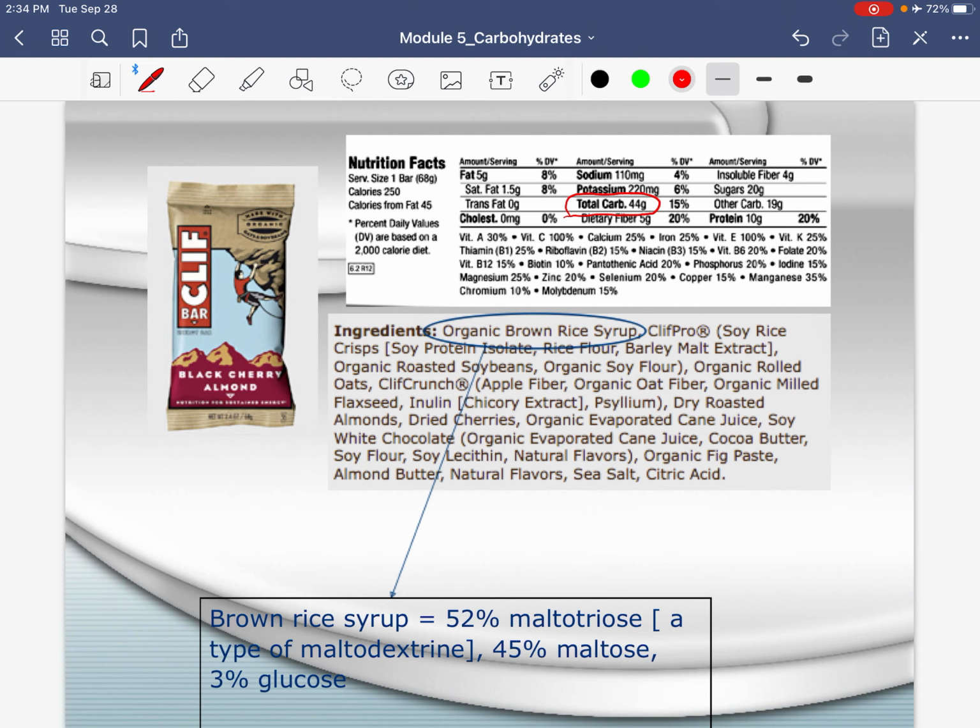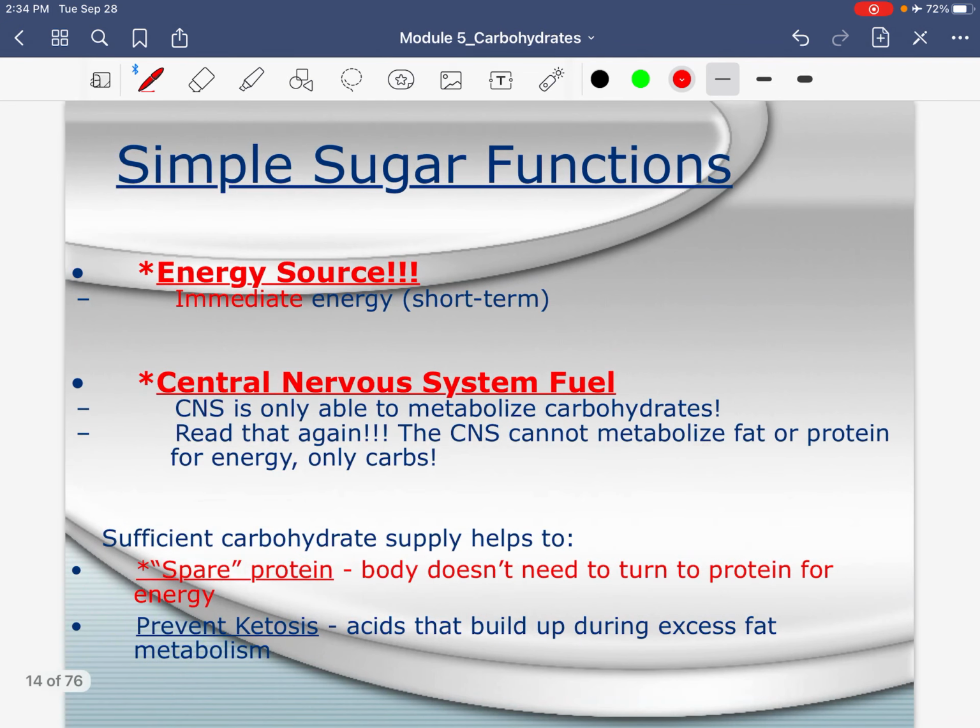And then as you read further down the ingredient list, we're going to eventually find more sugar. Let's see. Cane juice, that's sugar. Evaporated cane juice, that's sugar. So a bunch of sugar in there. I'm not going to ask any details about this. This is just an example, folks.